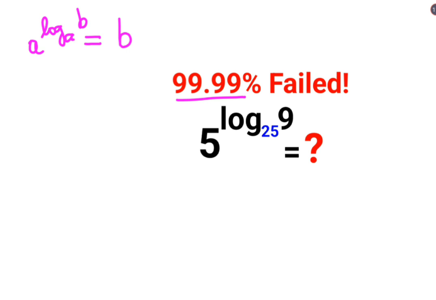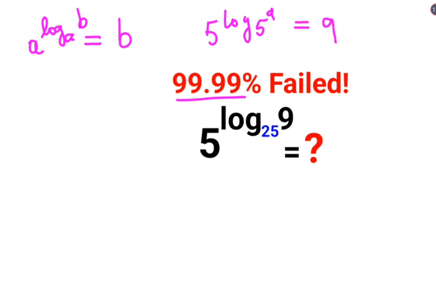Now your problem over here is, if the question was of the form 5 raised to log 9 to the base 5, then you could have directly said the answer is 9.